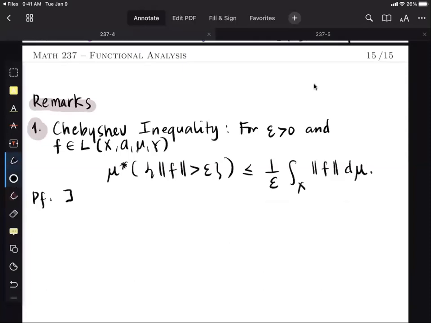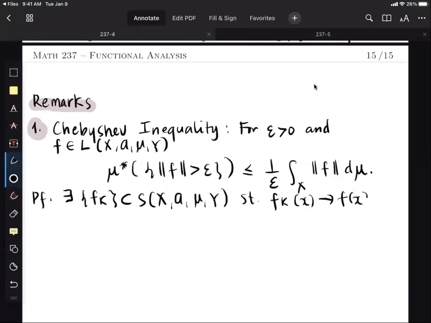So let's start with the definition of a Lebesgue integrable function. There is a Cauchy sequence of simple functions in this pre-measure space with values in Y, such that we have convergence except on a set N, for some N subset of X with outer measure 0.